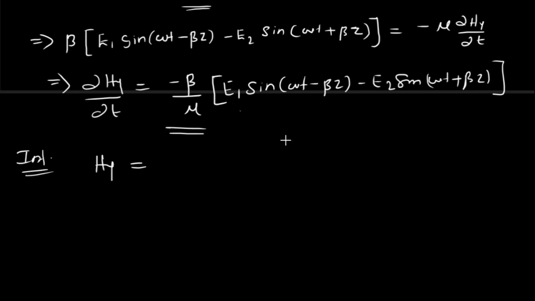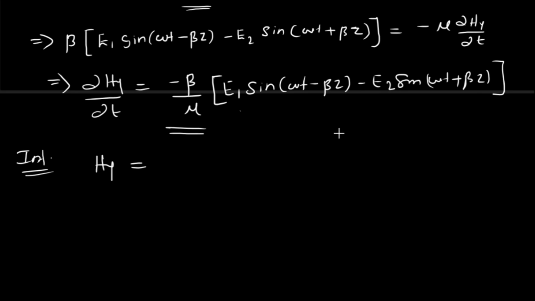If you are a slow learner of mathematics, please write it in steps. Here the prefactor is constant, E1 is also constant, so I have to integrate sin(omega t minus beta z) with respect to dt and sin(omega t plus beta z) with respect to dt.